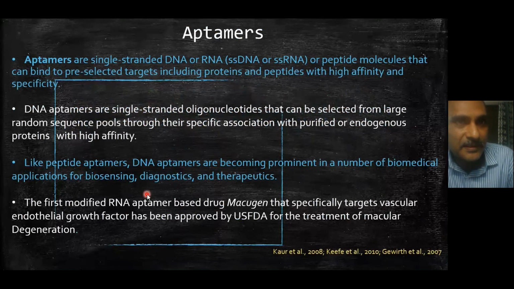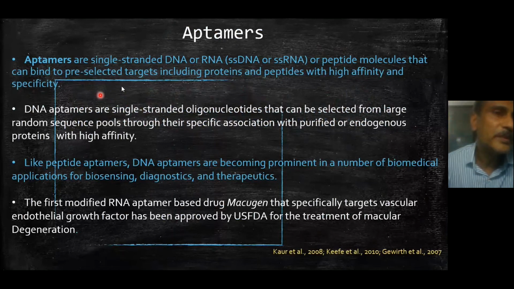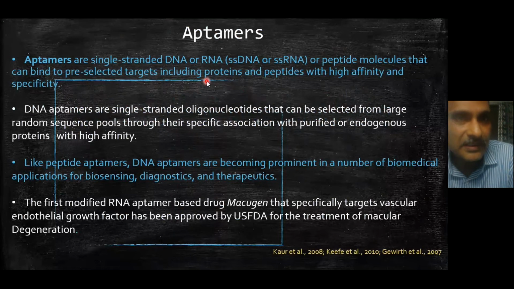So aptamers are single-stranded DNA or RNA or sometimes small peptide molecules that can bind to pre-selected targets, including proteins and peptides, with high affinity and specificity, similar to antibodies. But the good thing is that we can produce aptamers very easily, okay, and they are very cheap. So based on this, we wanted to select aptamers, DNA or RNA based aptamers, which are very specific to mutant or wild type Huntington.